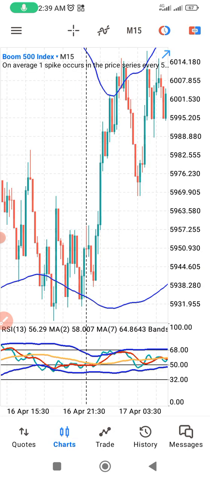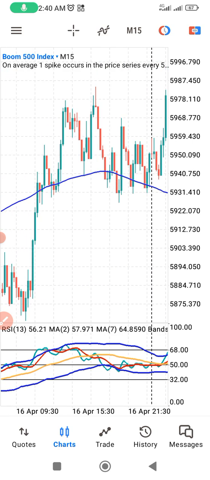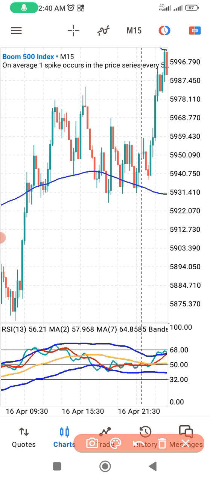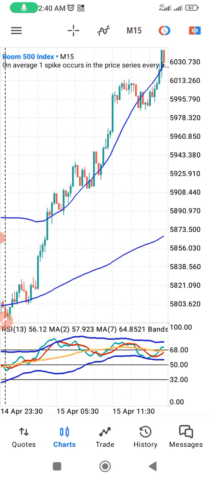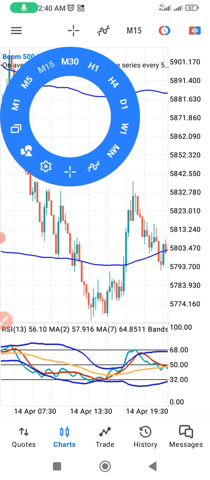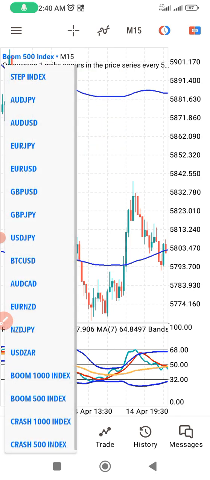Now you can see the difference here when they are no longer together, where they were separated. You can see how the market moves to the upside. So anytime you see that the indicators are entangled together, which is the green price line and the red signal line, it indicates a range. So please avoid trading when these two indicators are entangled together.